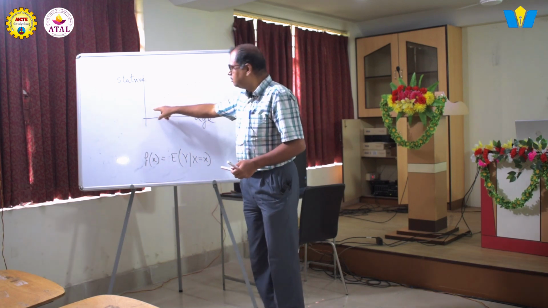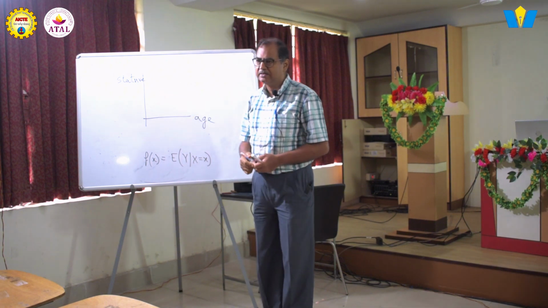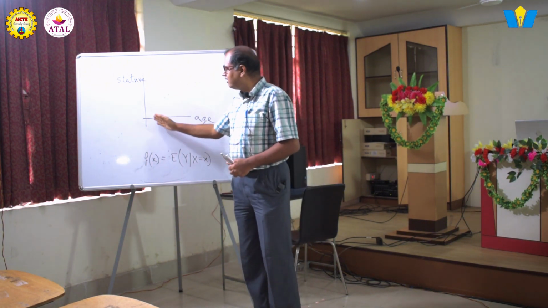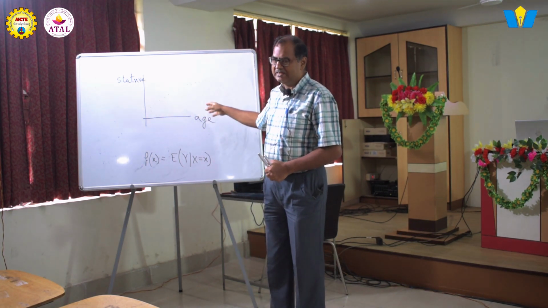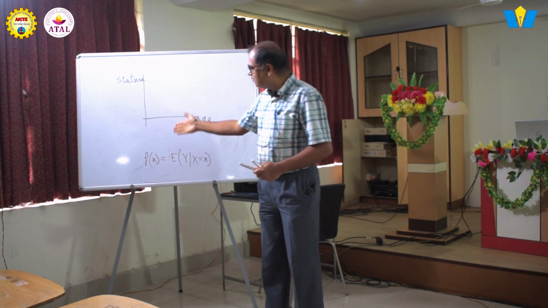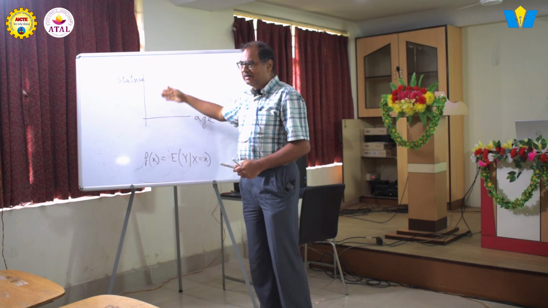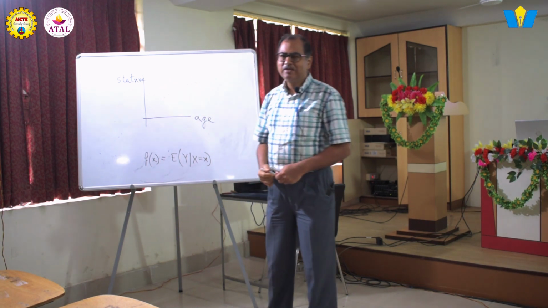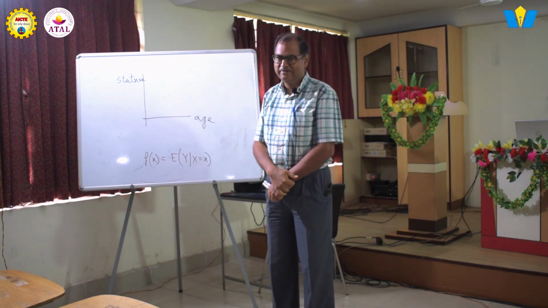In order to get this plot for my son, I would have had to wait maybe 20-plus years, because I have to observe the height at a very young age, then at successive points of time, in order to get one such graph.